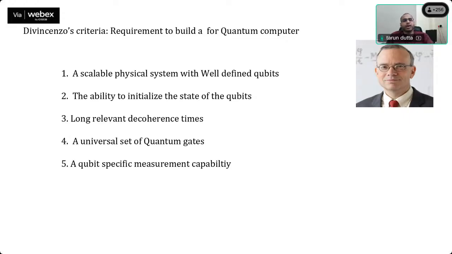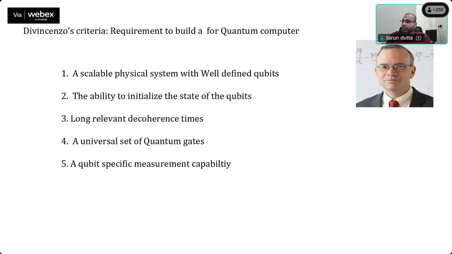It has to satisfy the criteria given by DiVincenzo. The first one is that the qubits have to be well defined, and it has to be scalable. We are not going to deal with only a single qubit. Yes, a qubit is powerful, but one qubit is not sufficient to solve all problems. So it has to be scalable.